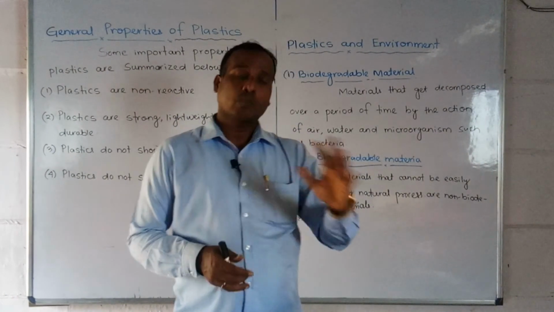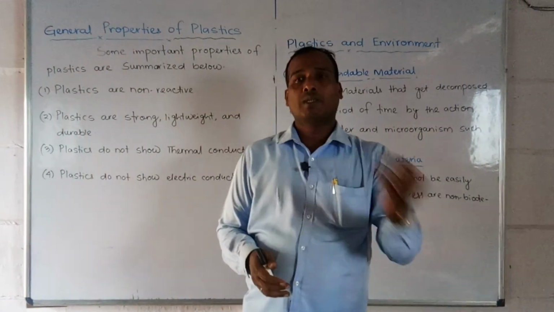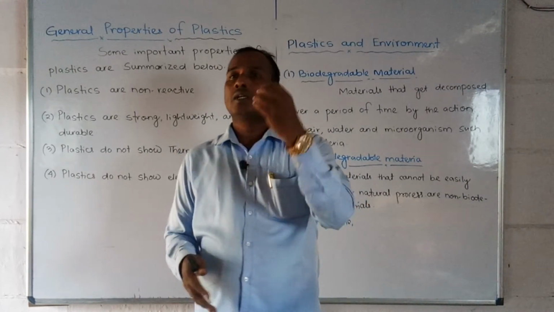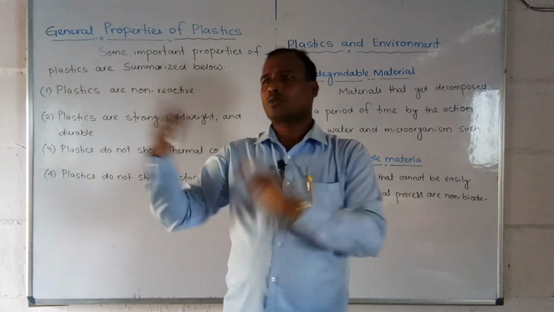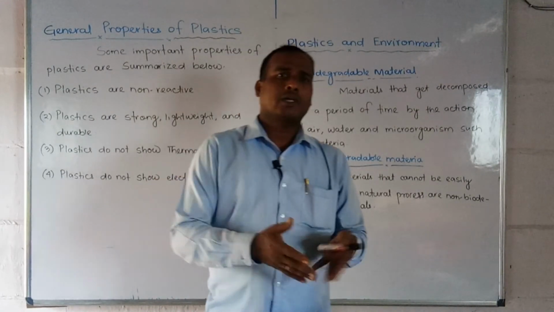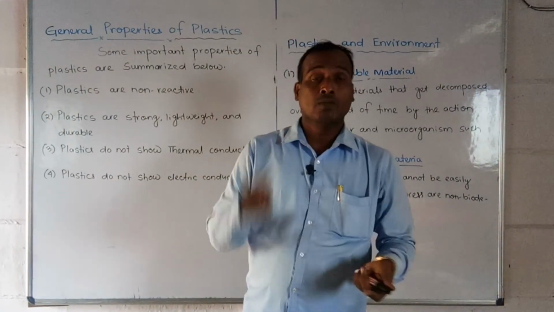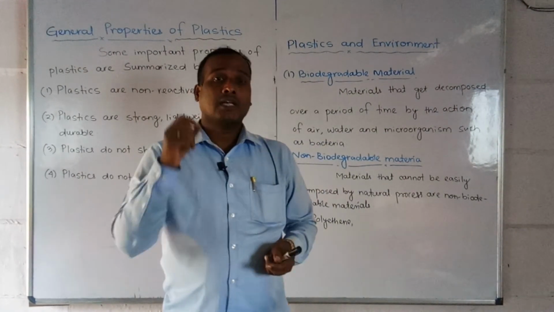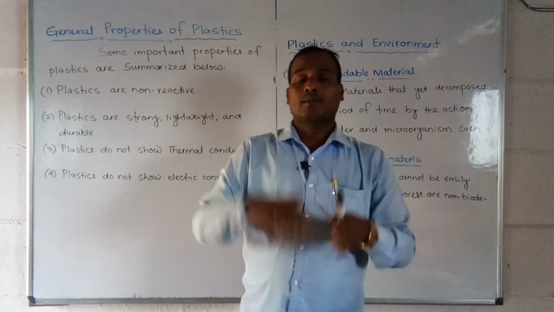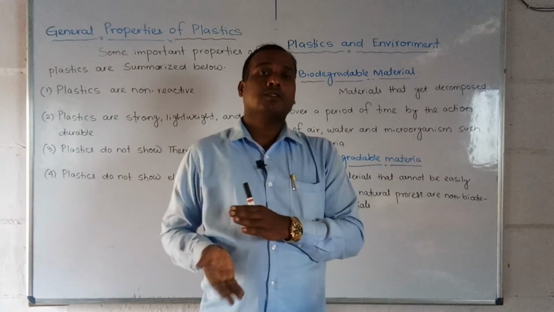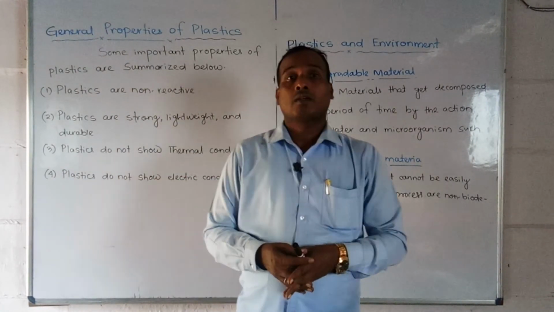For example, food items, apples, vegetable peels, or any animal bodies. If you throw these outside, very soon they will decompose by air, water, or microorganisms. But some materials cannot decompose or degrade by air, water, or bacteria.